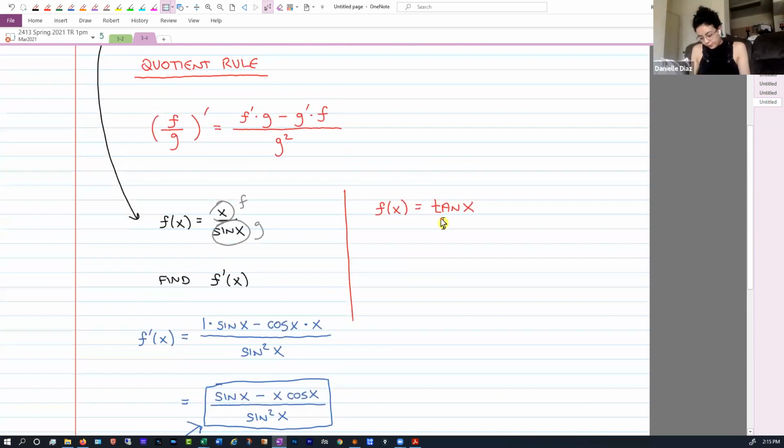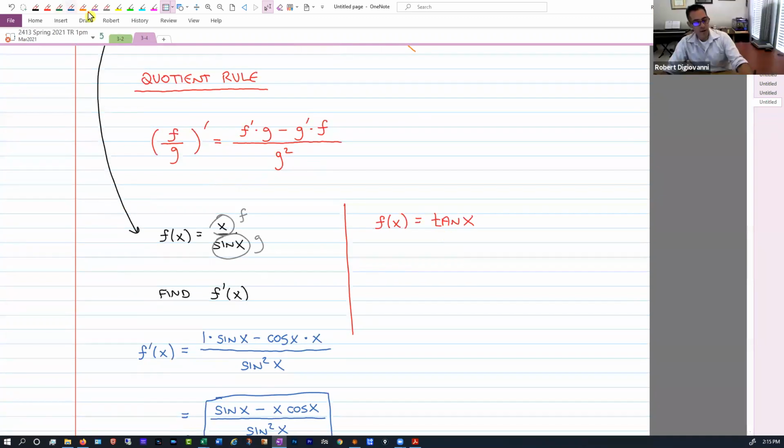Now on the second one, the way you go about this is you can just rewrite tangent of x as sine over cosine, and then treat the top like f and the bottom like g, and then do your quotient rule. I'm going to do that real quick.